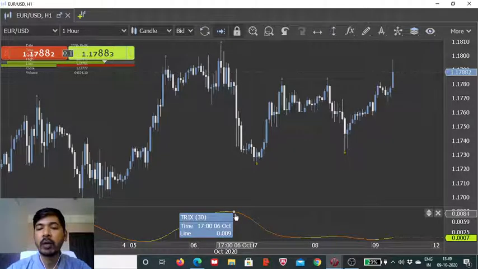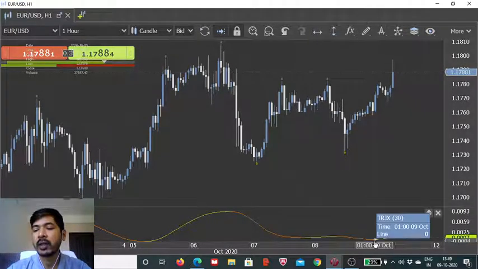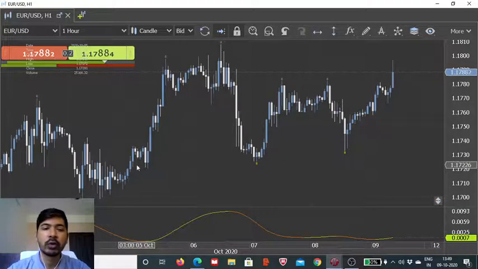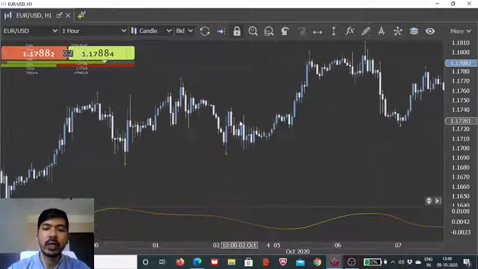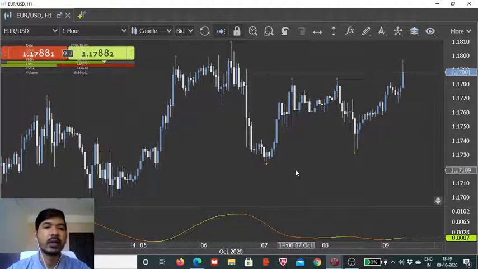That kind of gives us an idea that it is time to get out of the trade if we are long, and if the value starts to rise after being in the negative territory, we can think about getting out of the short sale positions. So that way also we can use this indicator, but basically this is the indicator which will guide you in looking at the trend of the underlying instrument.